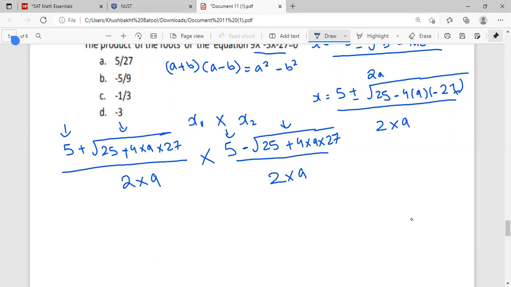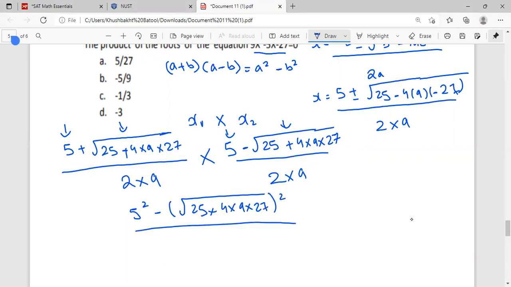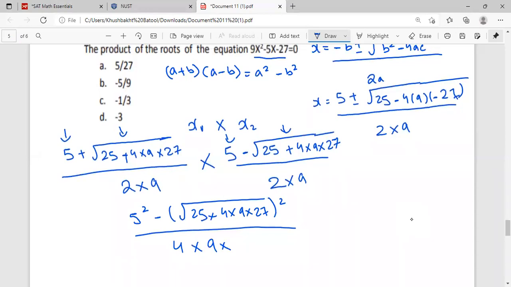So 5 square minus under root 25 plus 4 into 9 into 27, whole square, divided by 2 into 2, 4 into 9 into 9. This would be 25, this is going to cut it. A square would cancel the under root.